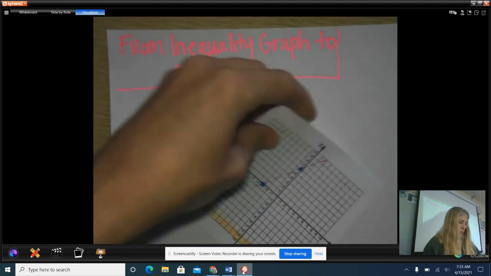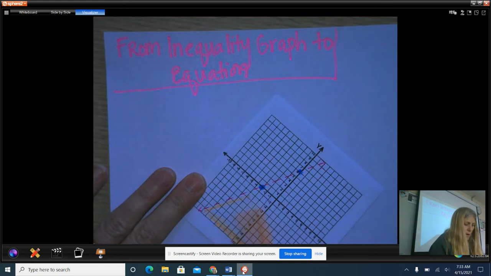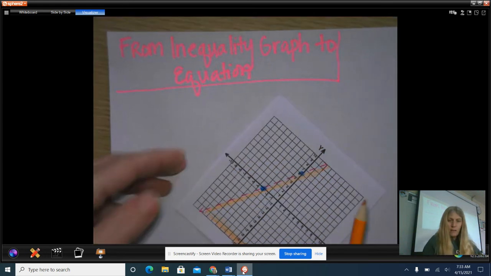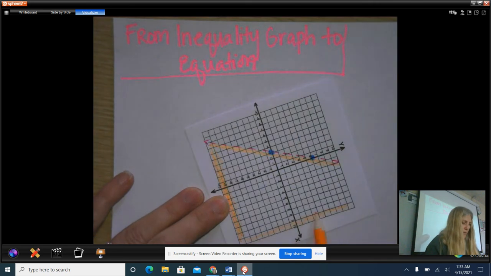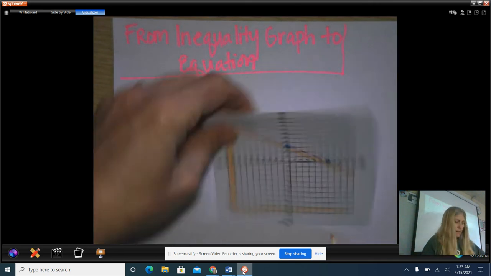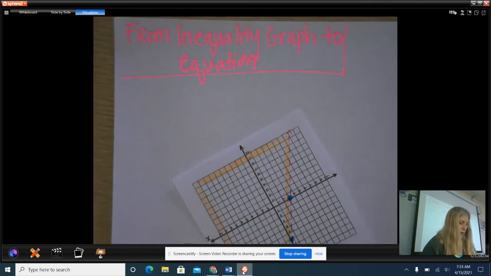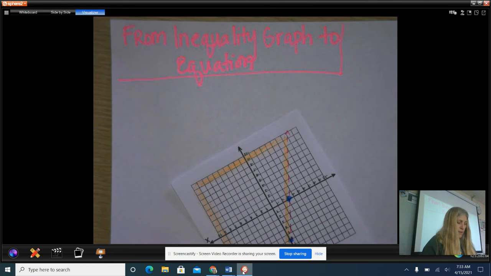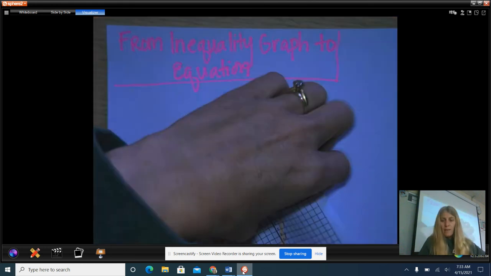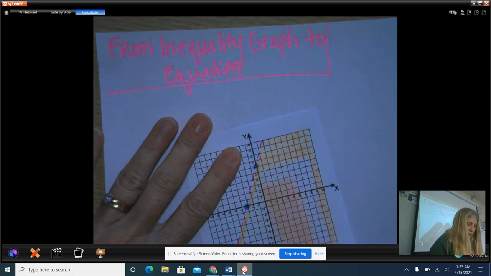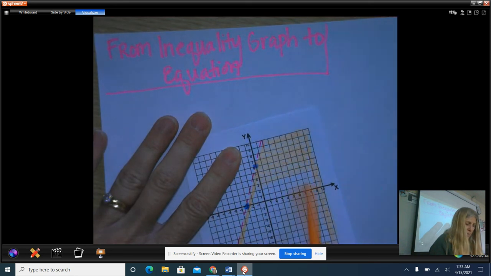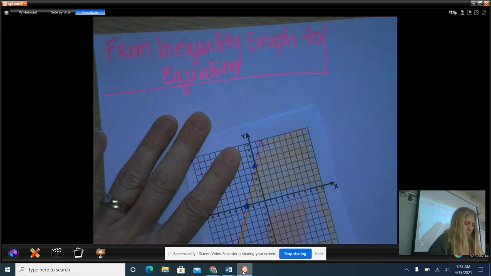We don't want to scribble, because if we scribble, it's going to make our next section that we're going to be working on next week a little bit more difficult, because we're going to be doing systems of inequality. So we're going to graph 2 lines on the same coordinate grid. And then we're going to go ahead and find the solution, which is where the shadings overlap. So if we scribble, that makes it more difficult to find. So make sure you're taking your time and making work that you can be proud of.